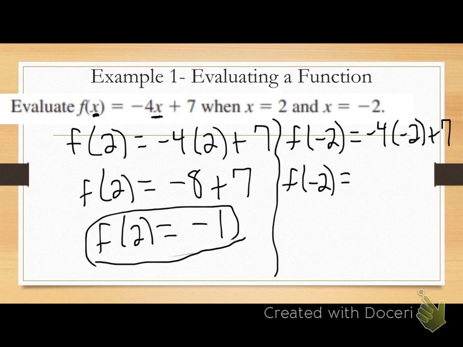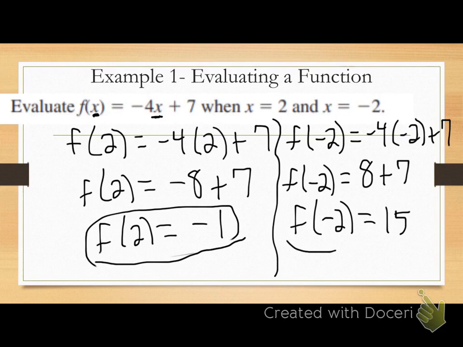Negative 4 times negative 2 is positive 8. 8 plus 7 gives me positive 15. So I would say f of negative 2 equals 15. That's the exact same thing we would have done if the f of x was just replaced with y. You guys have done that before, so hopefully that's not too much of a new concept, nothing earth-shattering for you.